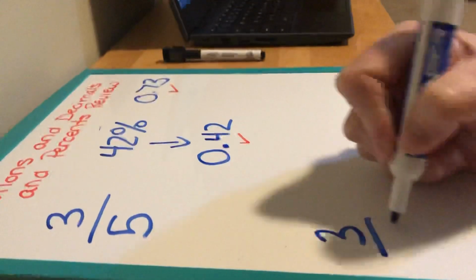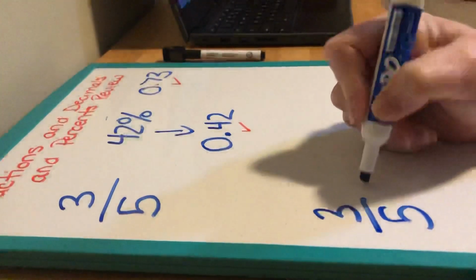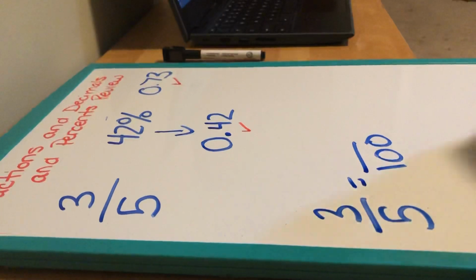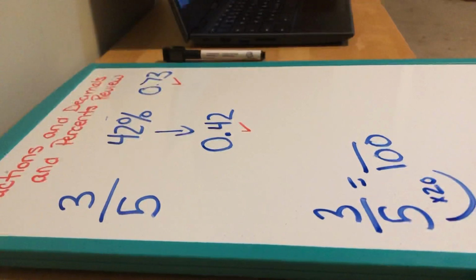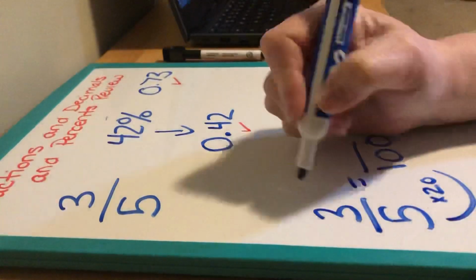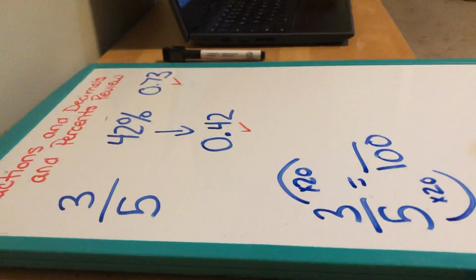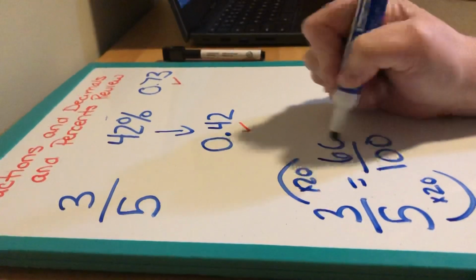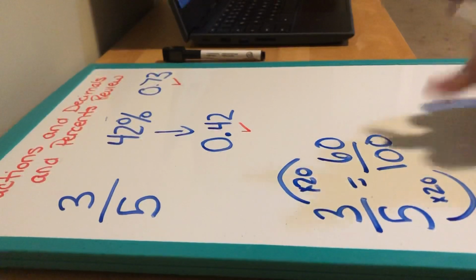So let's do some math down here. 3/5 equals something over 100. I know, after lots of practice, that that's times 20. What I do to the bottom, I need to do to the top. So now I multiply 3 times 20 and I have 60. So my new equivalent fraction is 60 over 100.